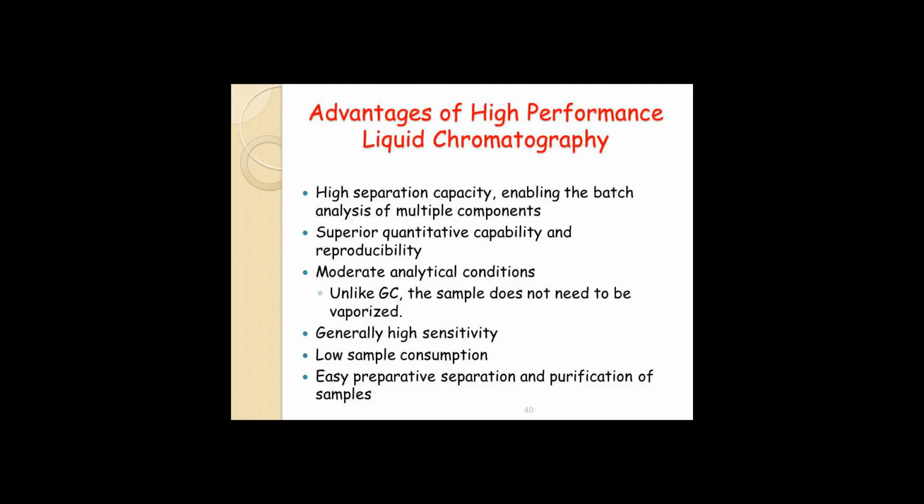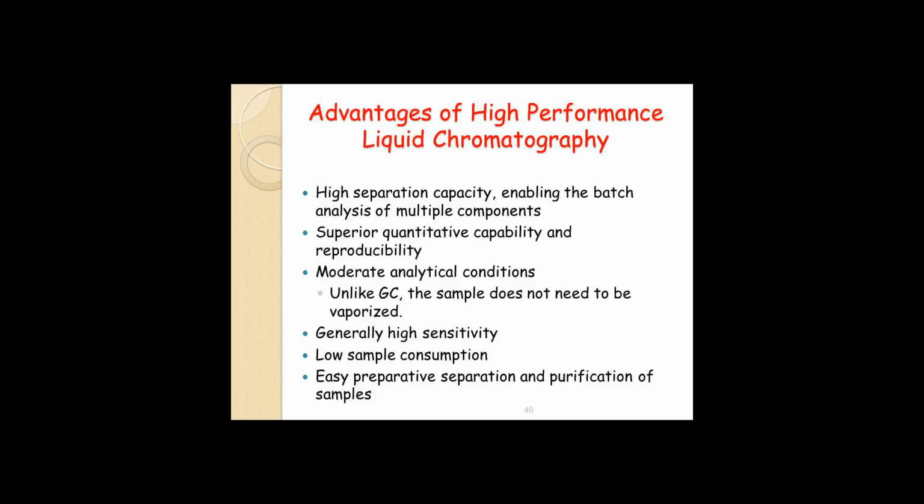Larger columns are usually seen in industrial applications, such as the purification of drug products for later use. Low ID columns have improved sensitivity and lower solvent consumption at the expense of loading capacity. Larger ID columns, over 10 mm, are used to purify usable amounts of material because of the large loading capacity.